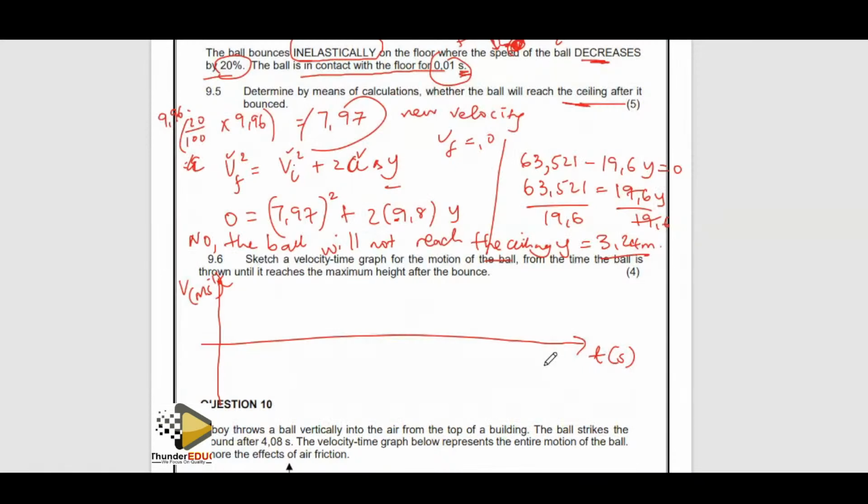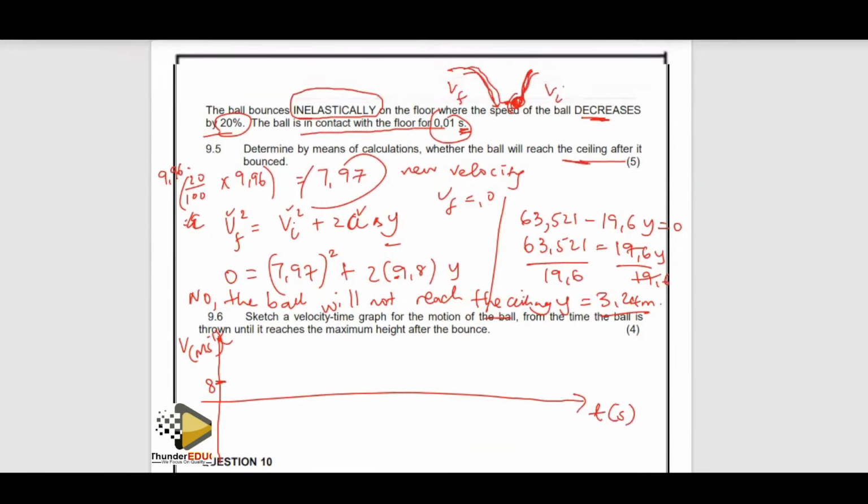Our first axis, this is velocity in meters per second. And then we're saying this is time measured in seconds. So if we look at velocity, remember we said velocity time graphs are basically straight lines. Now, at what velocity did the journey start? So it started with 8 because that was the initial velocity.